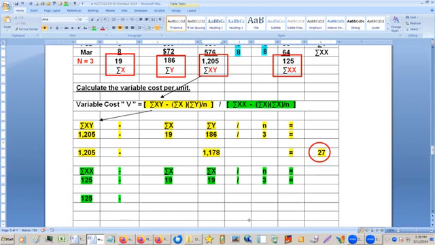That's not going to be a nice number. 120.33. Keep the last two decimals, keep it down to the penny. All right, so that equals 125 minus 120.33, 4.67.